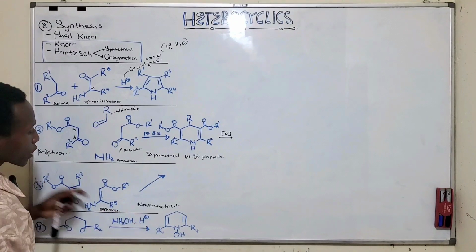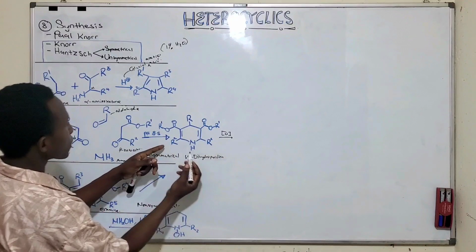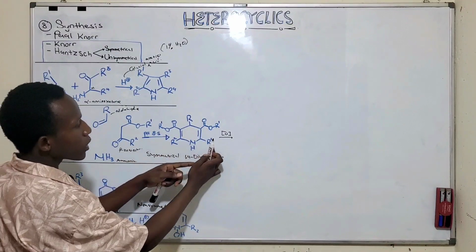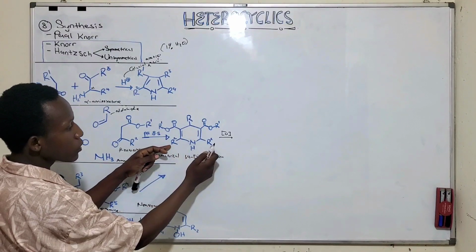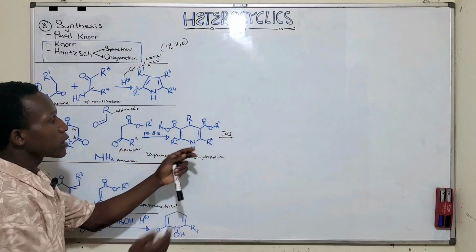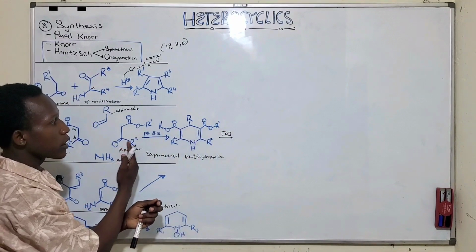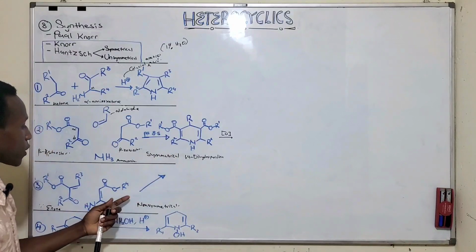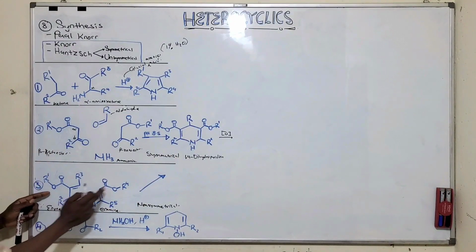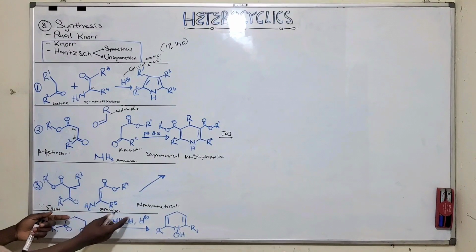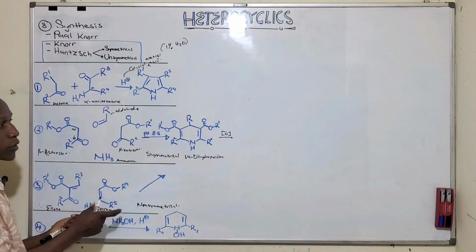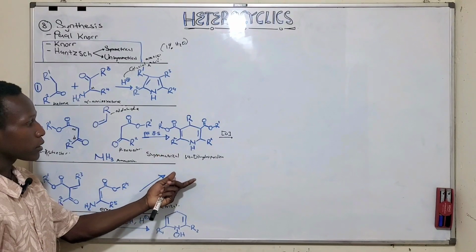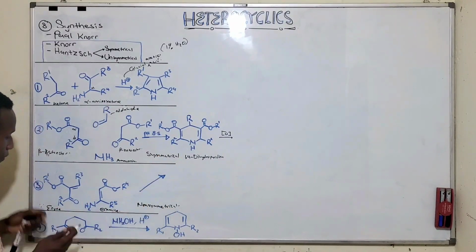So why is it non-symmetrical? Here we are seeing that R2 and R1 are the same. R2 and R2, R1 and R1. So this side is the same as this side. If you put a mirror, this side is a mirror image of this side. But for this one, these R groups are very different. So this one is used to make non-symmetrical pyridine or dihydropyridine.